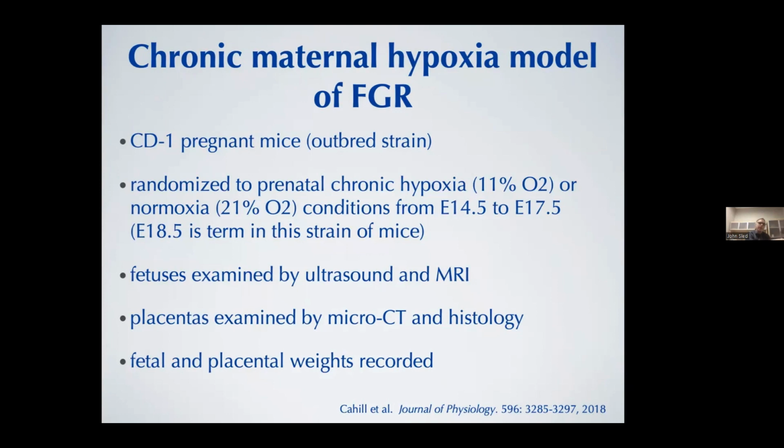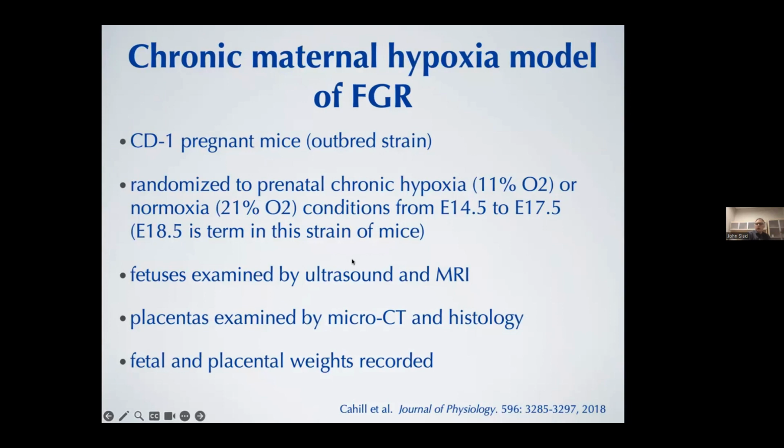And 14.5 is the stage where the heart has its kind of normal adult conformation, aside from the presence of the foramen ovale, which I mentioned earlier. And so this would be simulating what you might expect if you had a placental defect that was depriving the fetus of oxygen in that kind of late growth stage of fetal development.